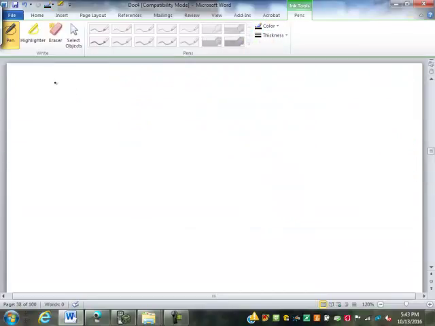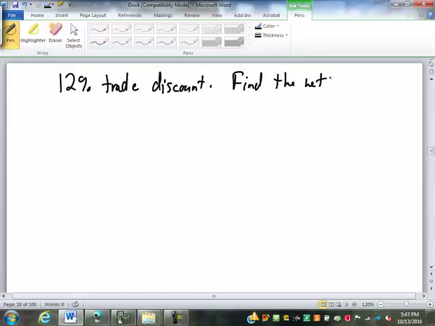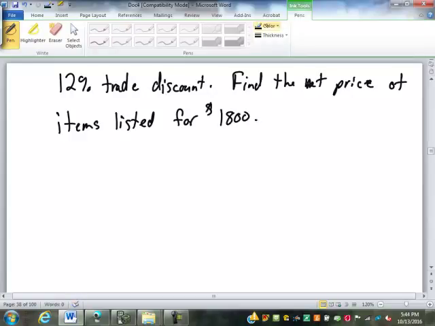So if you receive a 12% trade discount, find the net price of items listed for $1,800. So this is going to be $1,800.